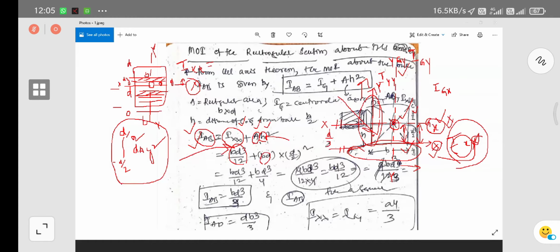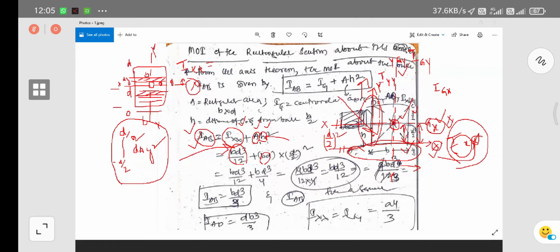So the area multiplied with the square of this distance, d by 2 whole square, which is d square by 4, gives bd cube by 4. So bd cube by 12 plus bd cube by 4.